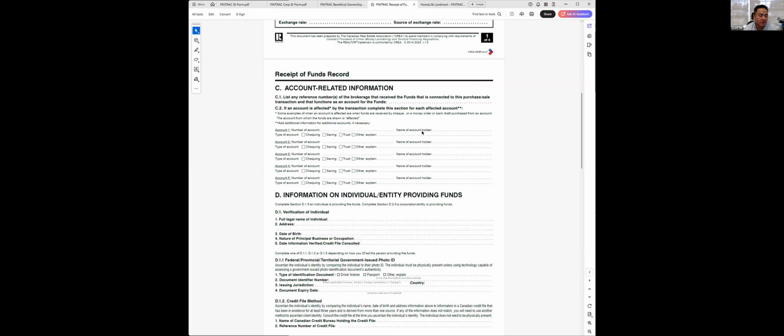I know this part gives a lot of agents some anxiety or difficulty because some clients are not comfortable giving you their account number. But you have to ask, and you should get the information from the client, because you can explain to them properly that the purpose of this is for Fintrac, and it's very important to discharge our duties under Fintrac.